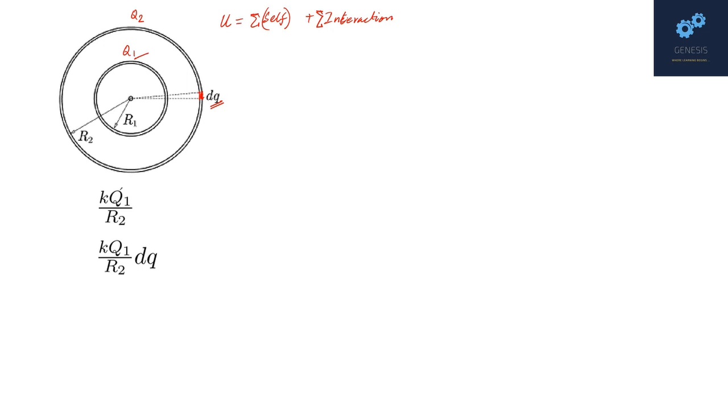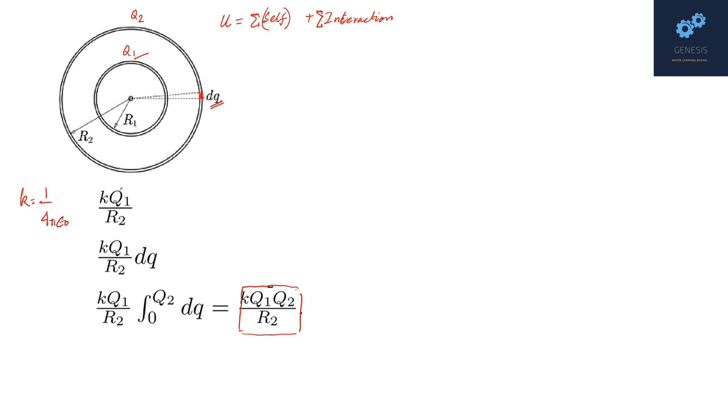Therefore, the interaction energy of the two shells can easily be calculated by integrating this, where dq is integrated from 0 to q2. And this gives us the result kq1 q2 by r2. Here k is 1 by 4 pi epsilon naught.